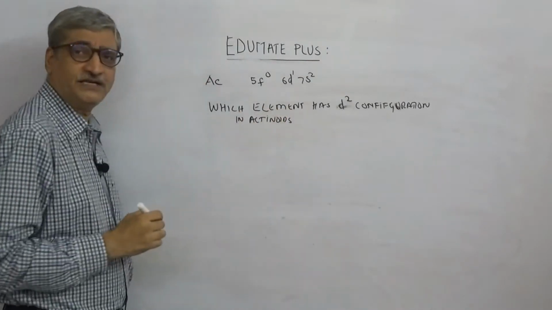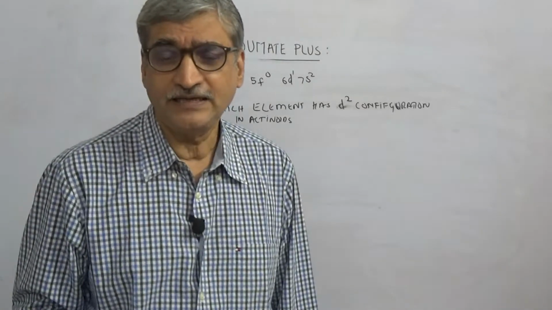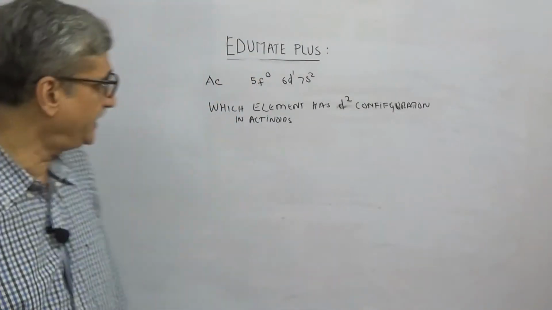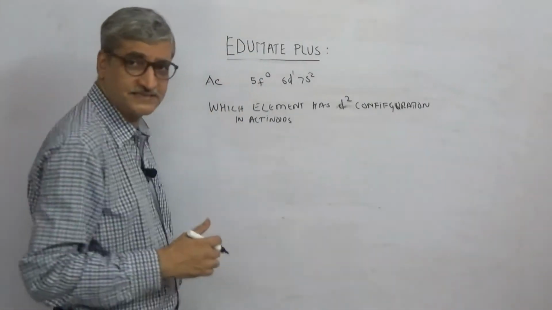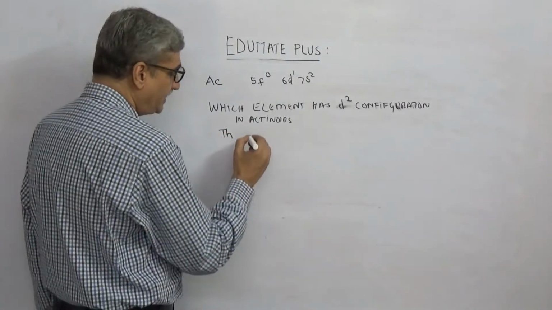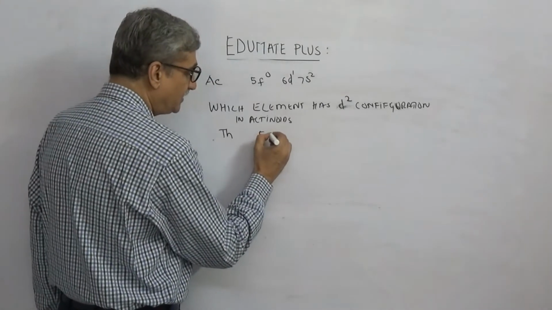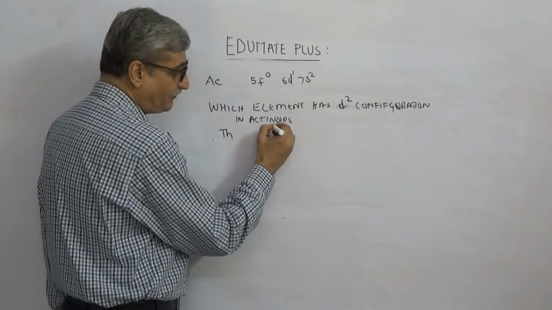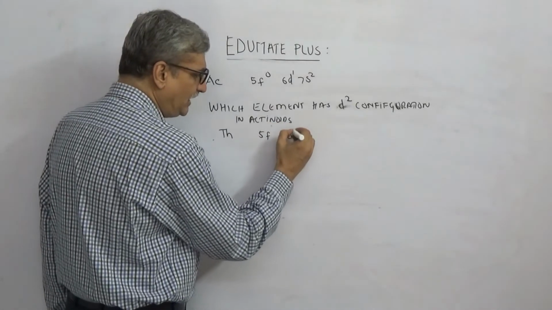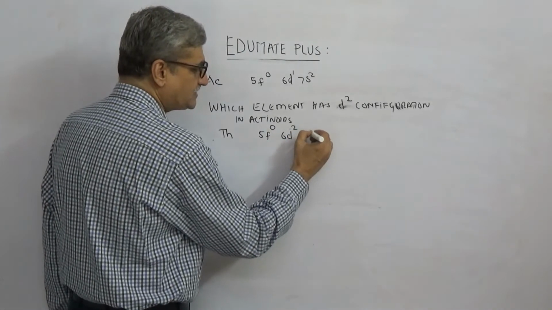You can see the first element, actinium. I once again repeat, as I did in my earlier video, that actinium is a D block element, not an F block element. Why? It has a 5F0 configuration. The next element, thorium, atomic number 90, should have had 5F1, 6D1, 7S2, but that's the only element which has 5F0, 6D2 and 7S2.